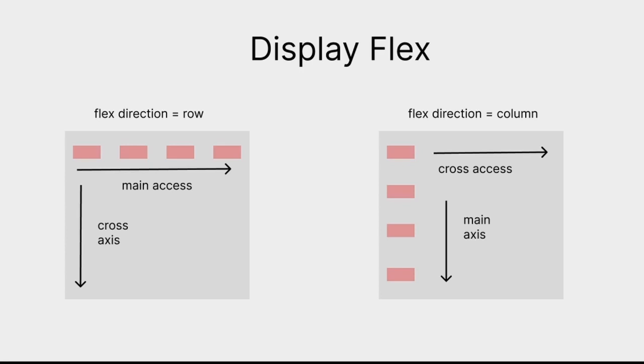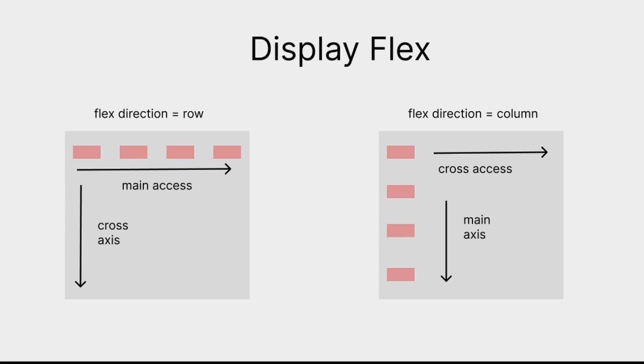By setting the flex direction from row to column, we can make the main axis in the vertical direction and the cross axis will be in the horizontal direction. Some of the properties used with display flex work on the main axis and some work on the cross axis, so it's important to understand what is the main axis and what is the cross axis.